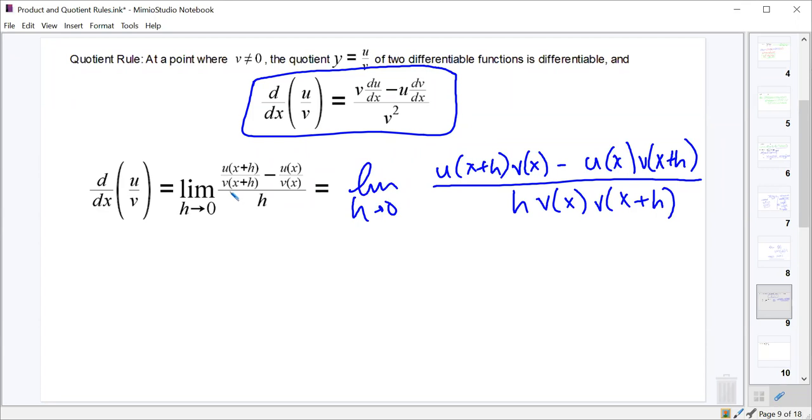So if I get a common denominator between the v of x and the v of x plus h in the numerator, then I should be able to drop that into the denominator with the h. Do you guys agree? Yeah.